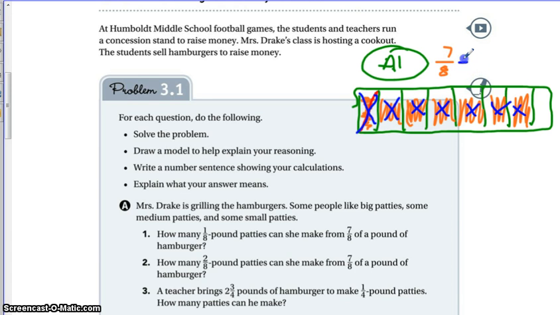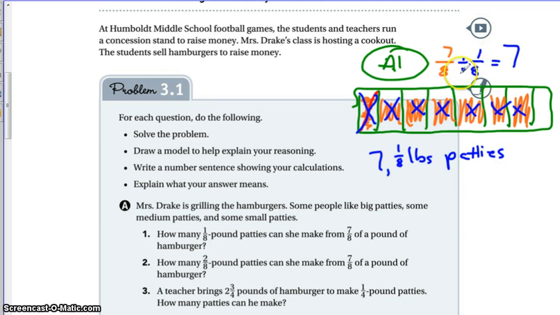So if I divide that into 1/8 sections, I get 7. So 7/8 divided by 1/8 equals 7. All right, so to do the last part, explain what my answer means, I could make 7 1/8 pound patties.